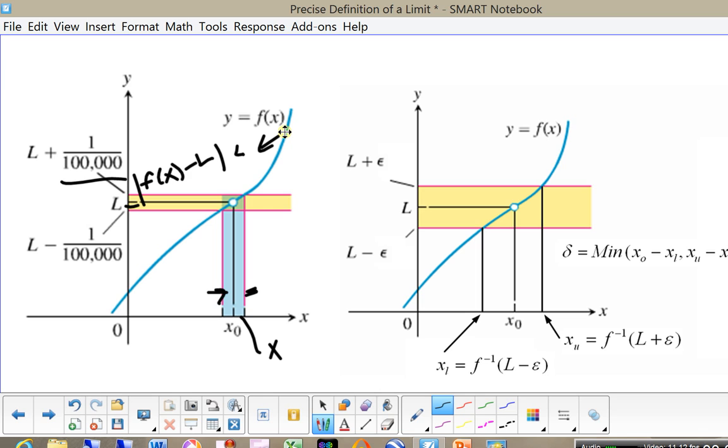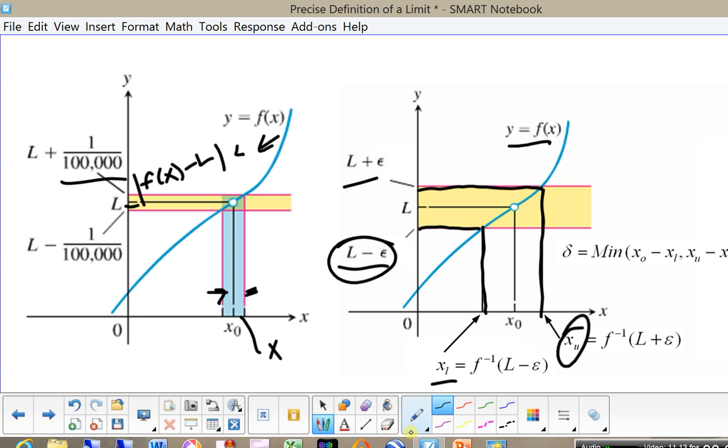So this suggests a procedure which we will write down on the next page. If someone gives you an epsilon, you plot L plus epsilon and L minus epsilon. You then use the function to calculate the inverse of L plus epsilon and calculate an x upper, and then go backwards with L minus epsilon and calculate an x lower.